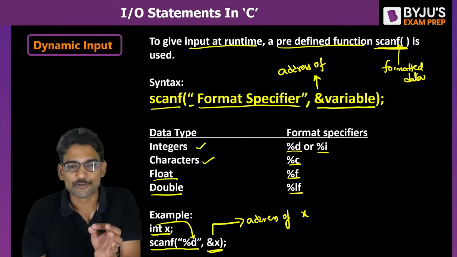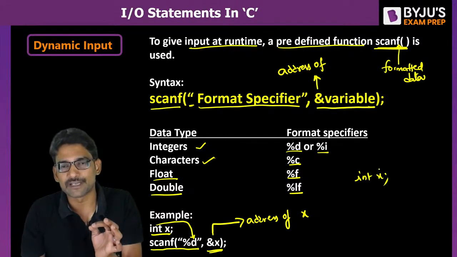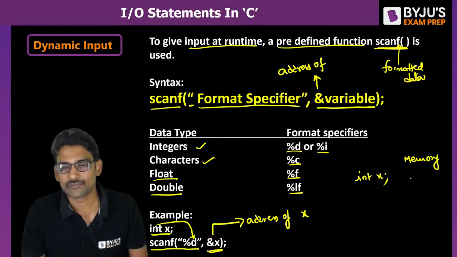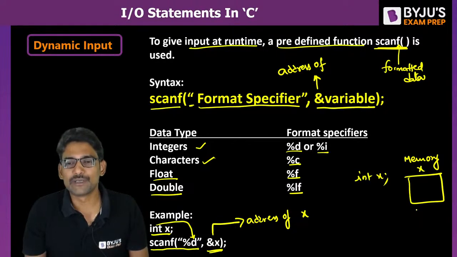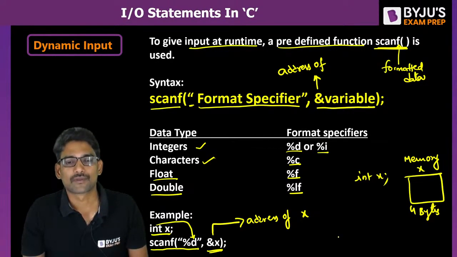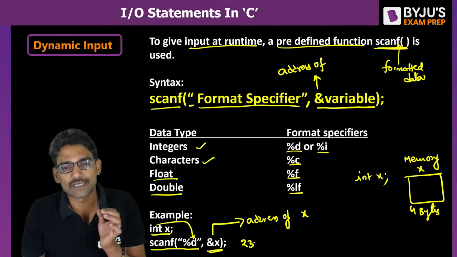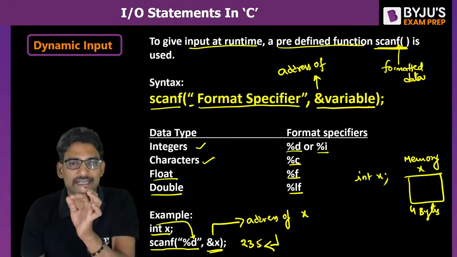So guys, whenever you write int x, what happens? For x, memory gets allocated. How much? 4 bytes. And suppose you enter the value 235, you type it and hit the enter key.